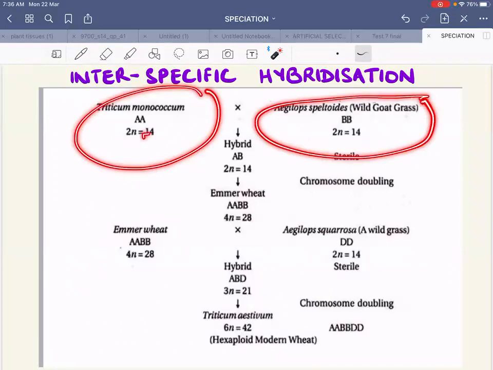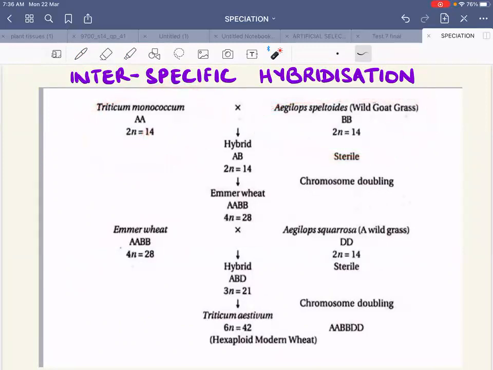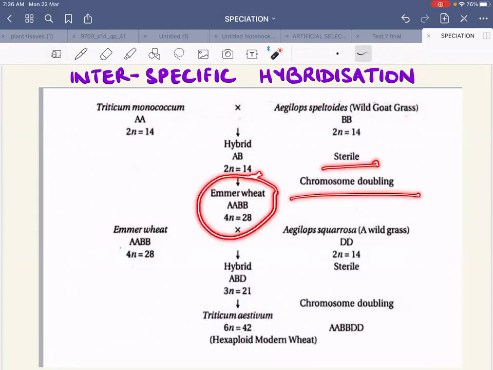Since they are different, when they mate they produce a hybrid, and this hybrid is sterile. It cannot reproduce because the separation of the homologous chromosomes does not take place at meiosis, but because of random errors during mitosis or meiosis, chromosomal doubling takes place. So now when chromosomal doubling has happened, this is fertile, it is not sterile.